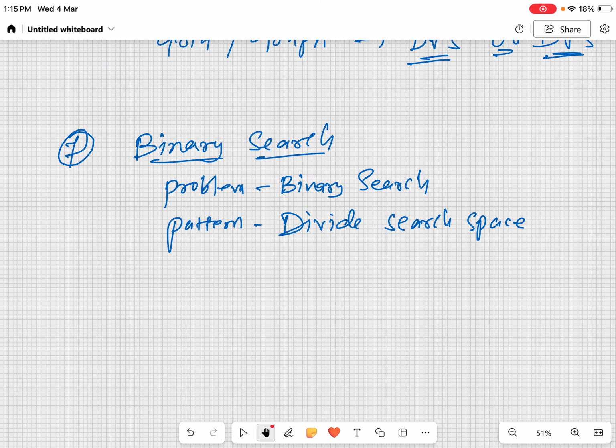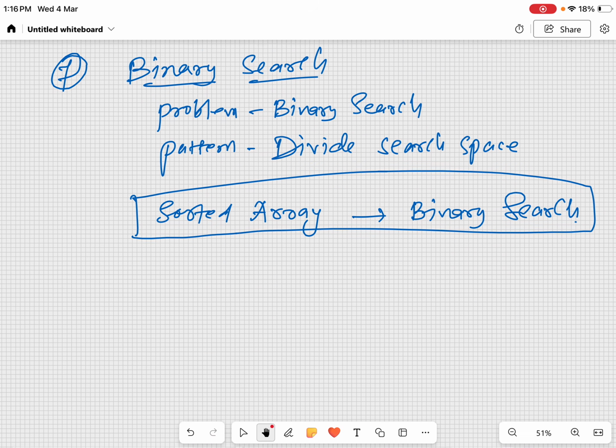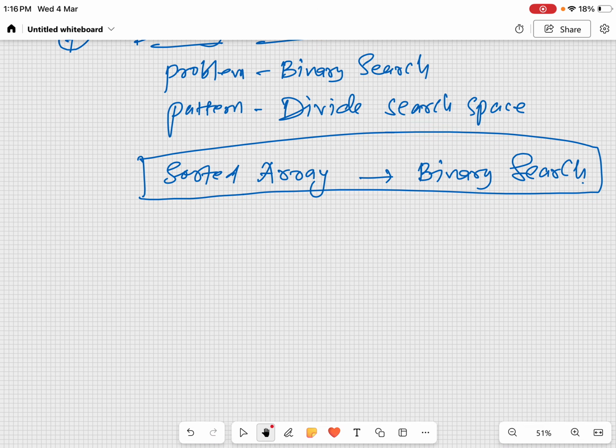Binary search works when the array is sorted. At every step we check the middle element and eliminate half of the search space. So the thing to remember here is sorted array equals binary search. Correct. So this is the memory trick we can use.